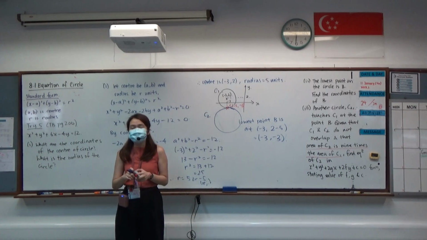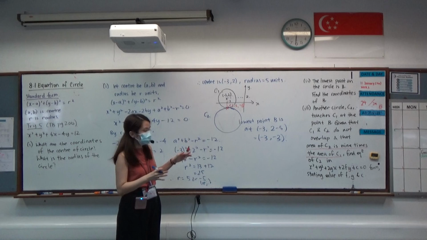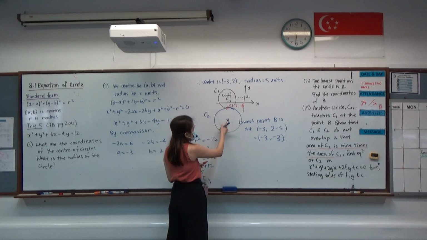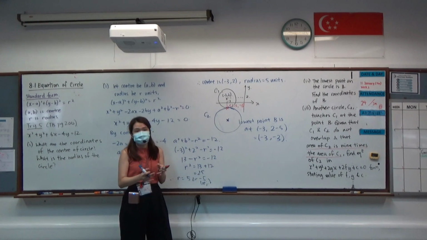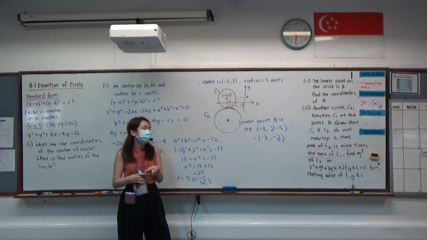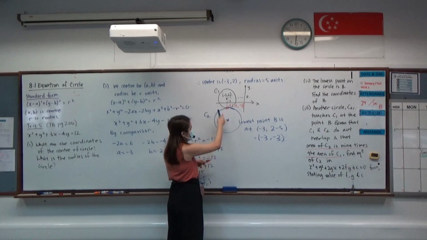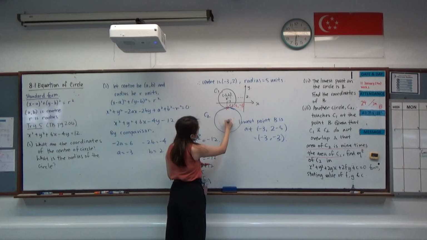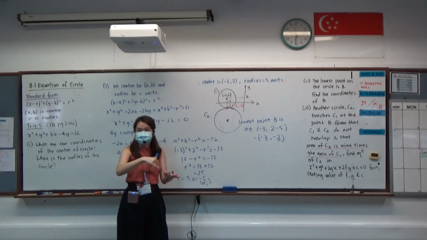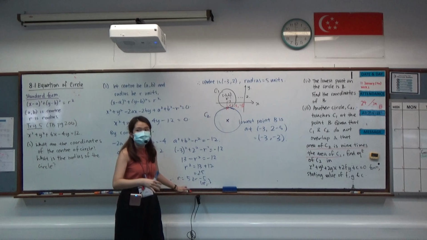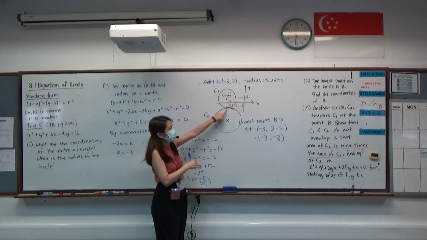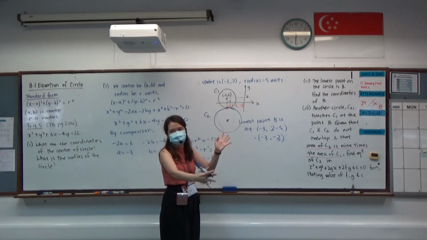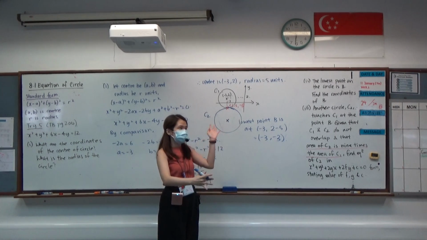Alright, in order to find out what is the equation of this circle, we must definitely know what is the center coordinates as well as the radius itself. So how are we going to find out what is the center, and how are we going to find out what is the radius? Regarding the center, they are directly below one another. Why? Because they meet at point B. If they meet somewhere else, then they will be diagonal to each other.